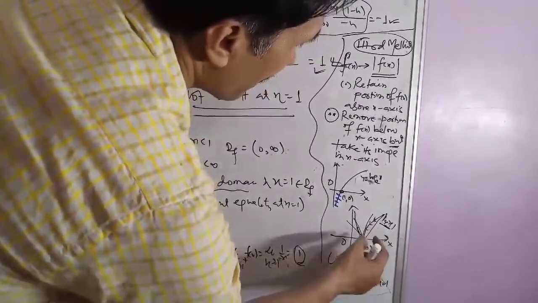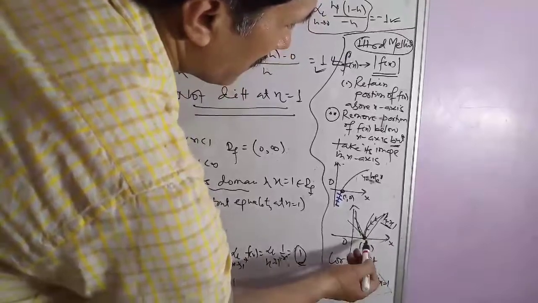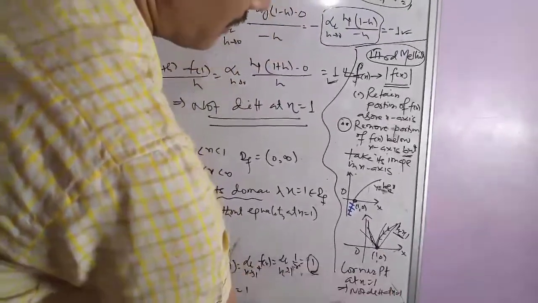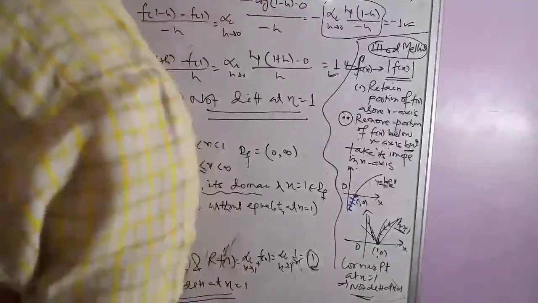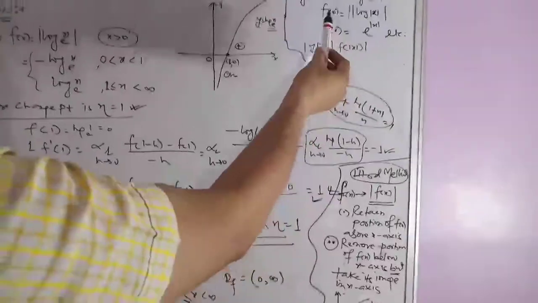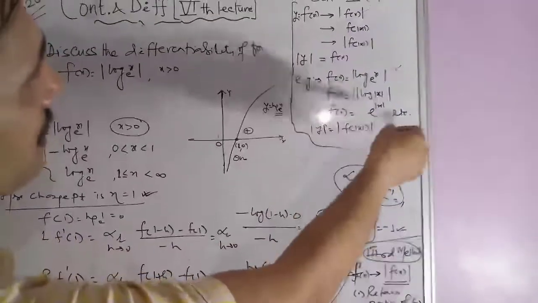These two are different lines, so no unique tangent at this point, and the function is non-differentiable at x equal to 1. In a similar way, we can solve these types of questions.